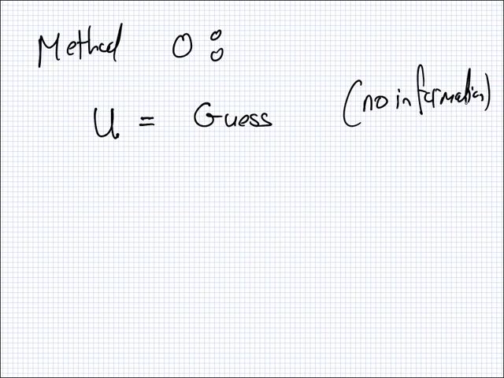So this method, of course, is a very bad method, but it's actually okay in physics sometimes to do this if you have no information. Sometimes you have so little information you just have to guess. So that's method 0. That's no good. Now, on to method 1, the first real method. Do you want to write this first, method 0?